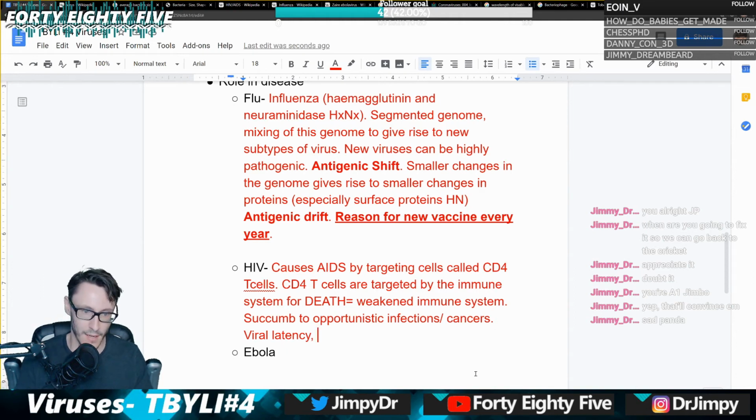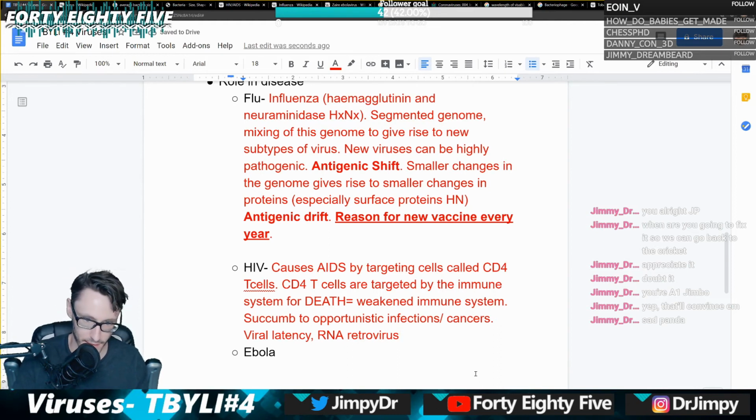Viral latency in HIV's case is caused by the fact that it's a retrovirus that integrates into your genome. So it's an RNA virus, right? It's an RNA retrovirus.